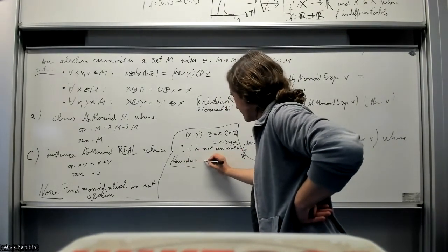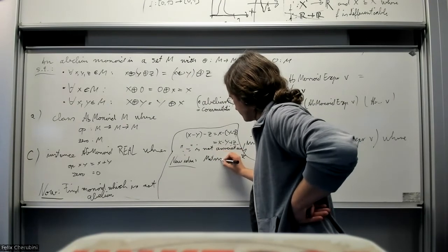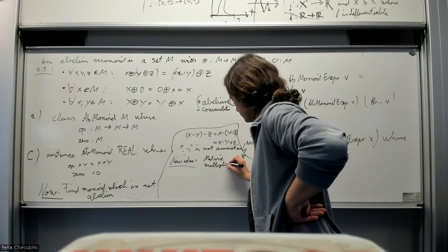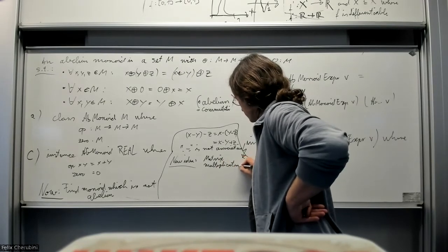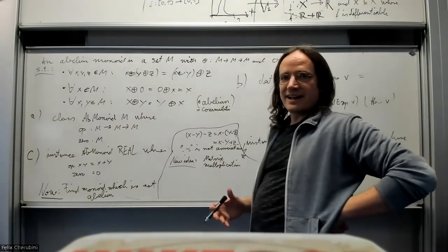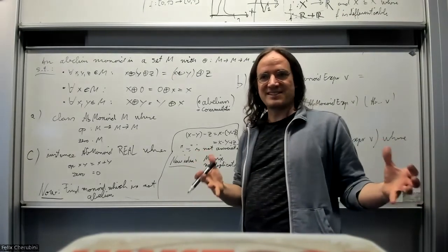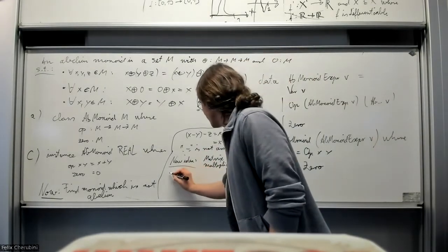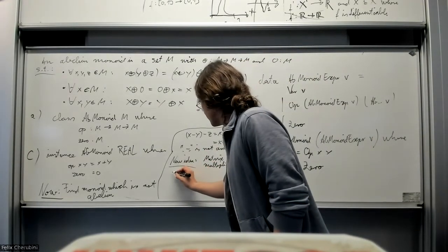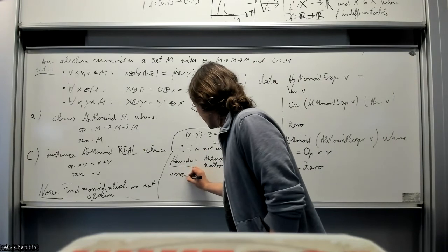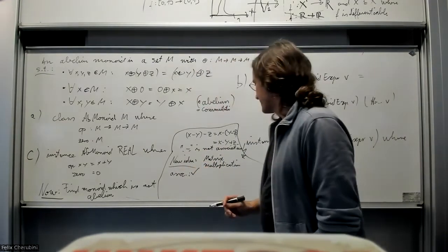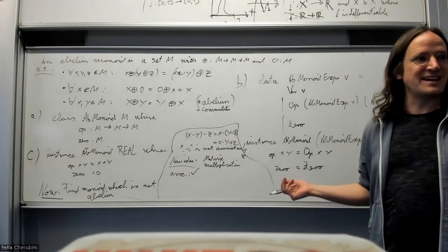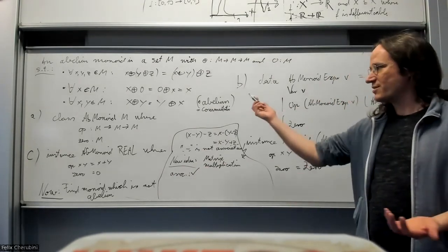So new idea, matrix multiplication. I guess we can assume we know this is associative. So associative, check. But I guess it would be nice to have an example where we see it's not commutative.